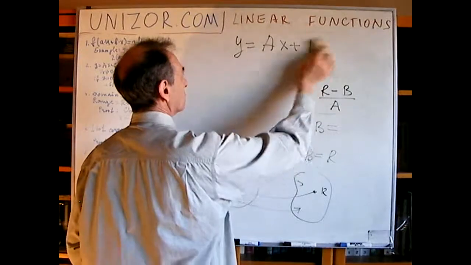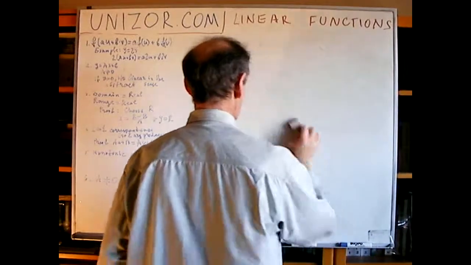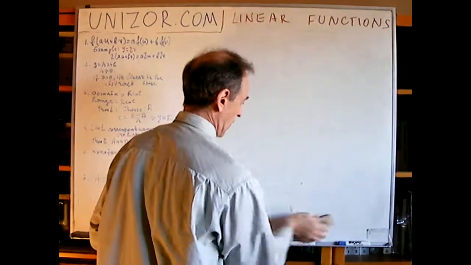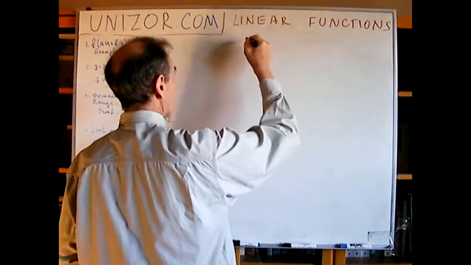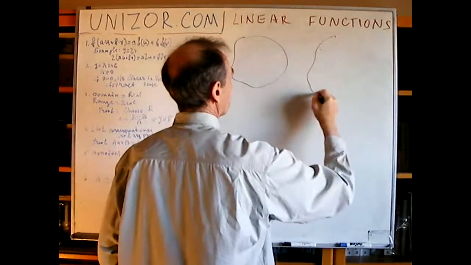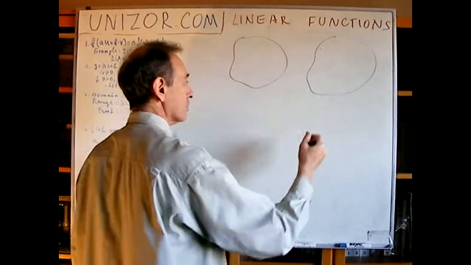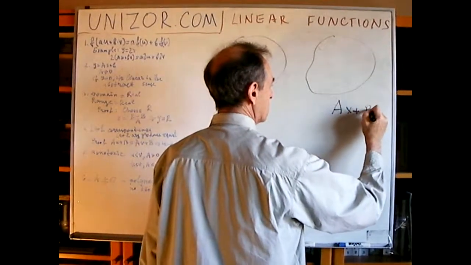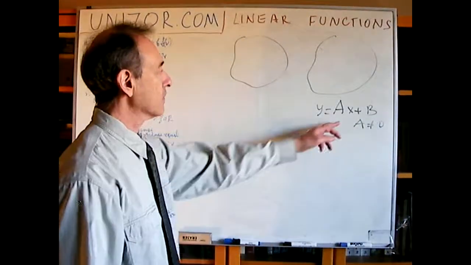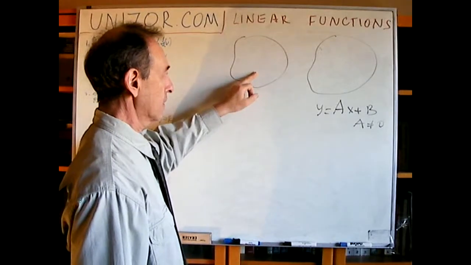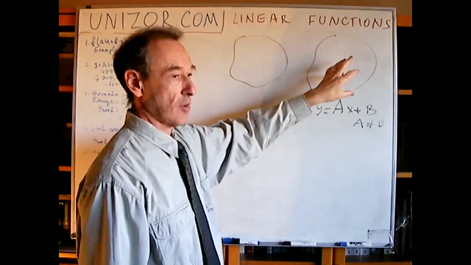Now let's talk about a little bit more interesting property of this, which is very much related. What we are saying right now is that if this and this are sets of all real numbers, then the function ax plus b, where a is not equal to 0, is defined for every number here, and its values cover the entire space of real numbers.